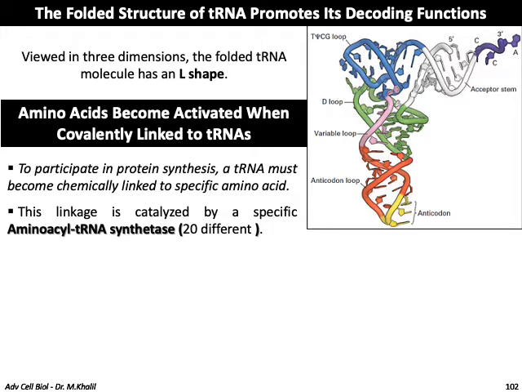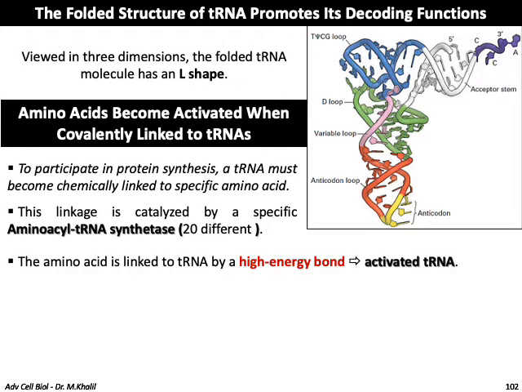The amino acids become activated when covalently linked to transfer RNA. To participate in protein synthesis, a transfer RNA must become chemically linked to specific amino acids. This linkage is catalyzed by a battery of enzymes called aminoacyl-tRNA synthetases, and there are 20 different ones of them.